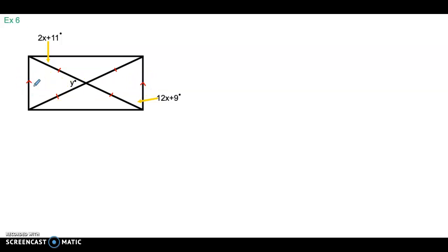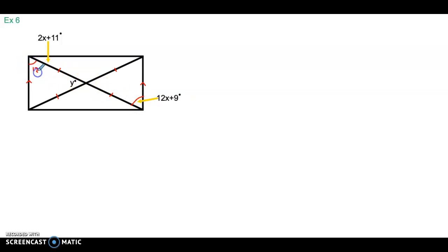Okay, where I'm going with this is there's a bunch of ways we can solve this problem, but in order to solve for both x and y, this is the way I want to go. I think this is the easiest way because you're going to have to use this anyways. So these 2 sides are parallel. I'm going to look at this diagonal as a transversal. This angle, the 12x plus 9, is an alternate interior angle up here.